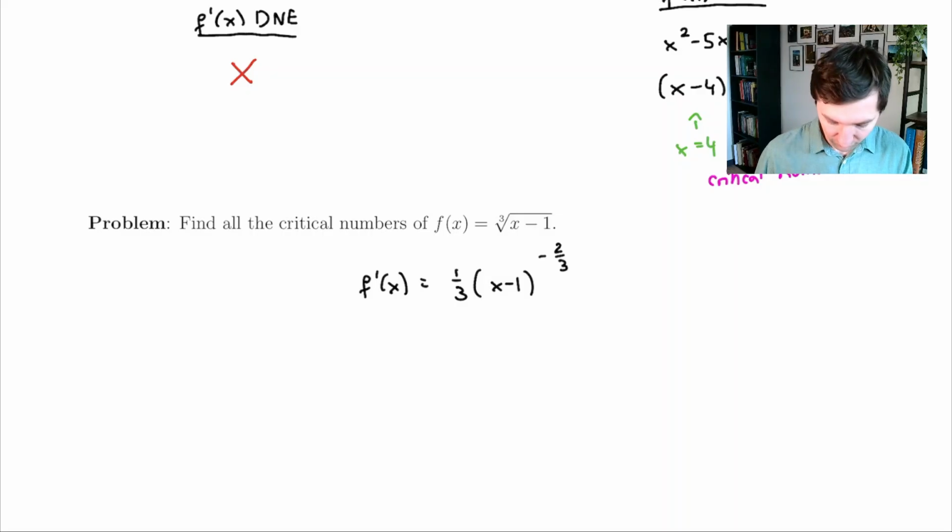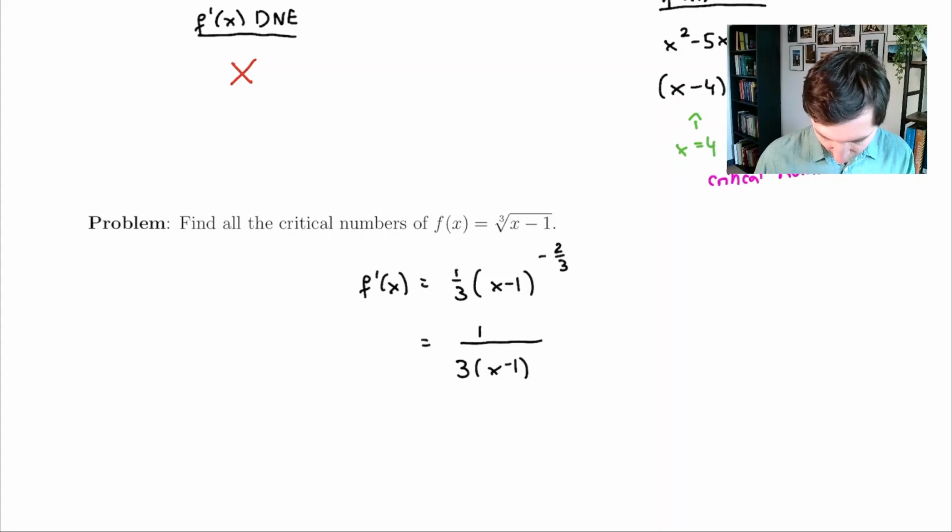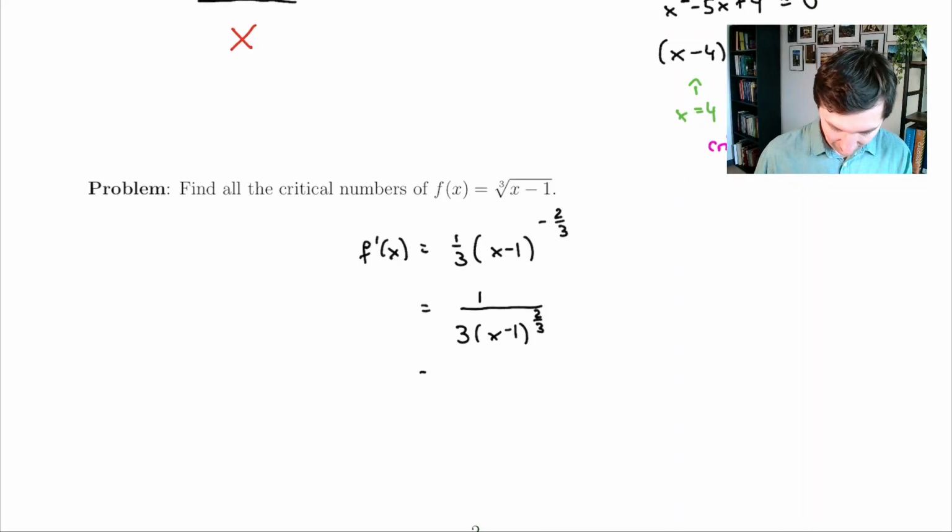This can be rewritten as 1 over 3 times (x minus 1) to the power 2/3, which is the same thing as 1 over 3 times the third root of (x minus 1) squared.